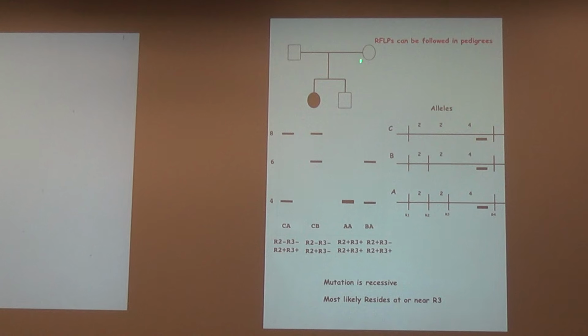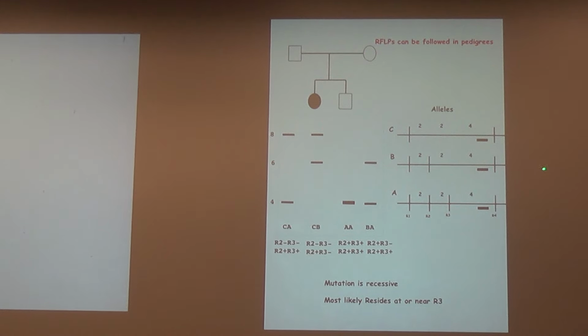And now you notice the son is AA, got the A allele from the father and the A allele from the mother. And notice the daughter is now a CB mutant, not a CC mutant like in the previous example. So slightly different. Irrespective, the daughter is still affected.